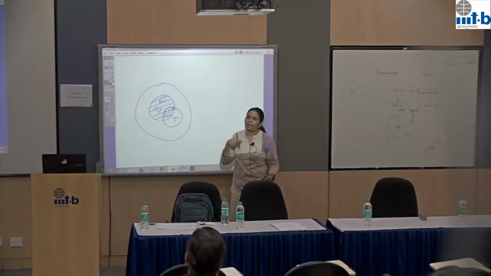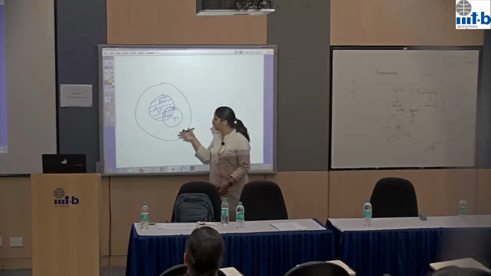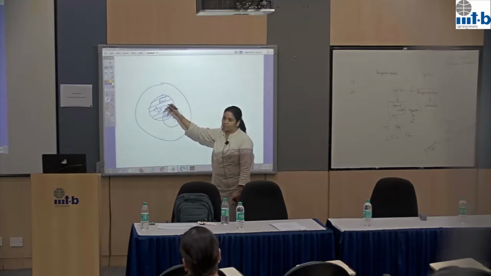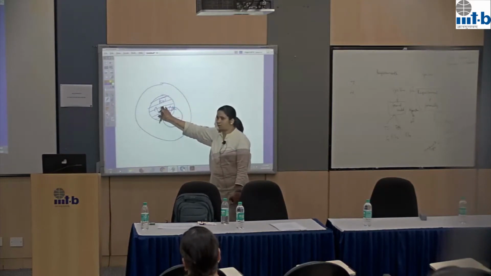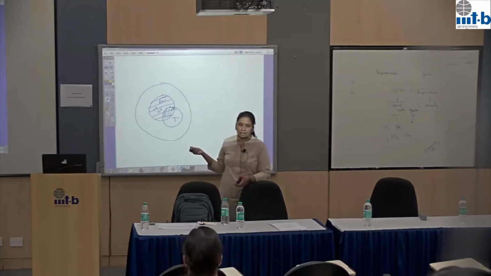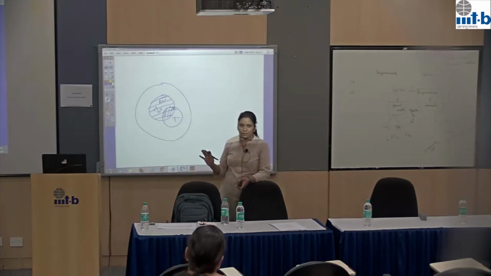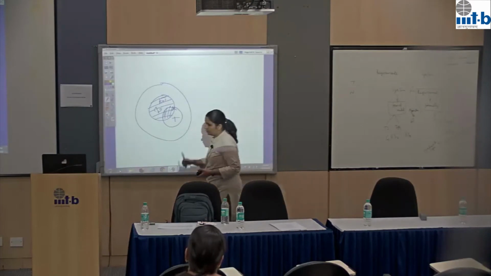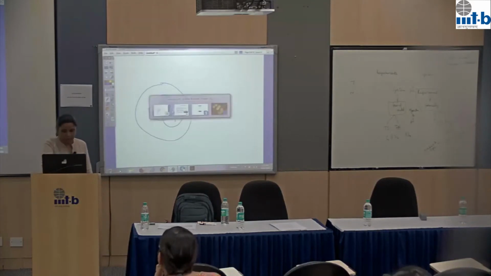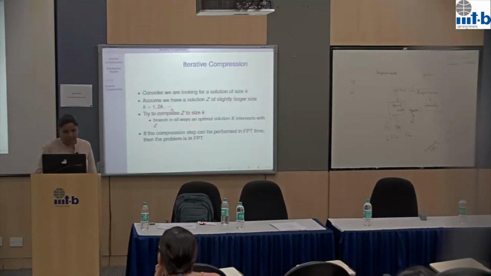Later you will find some structure in the instance, since this part of z is not there, and you use that structure to design an algorithm. That is the basic idea. I'll come back to the theory of it later, after we see an example. Hopefully after the example it will be easy.